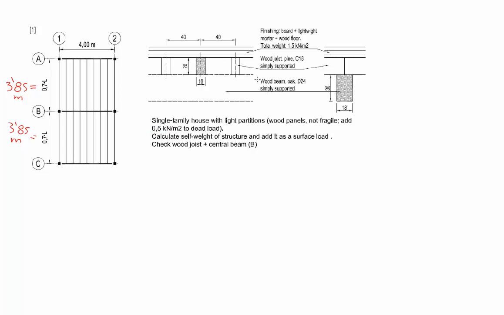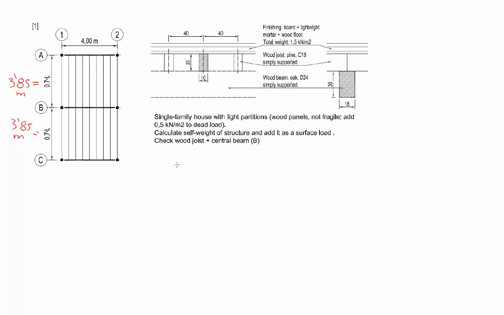What we need to know, except for the numbers, is the weight or density of the D24 and C18. For C18, it is equal to 4 kilonewtons per cubic meter, and the D24 is equal to 6 kilonewtons per cubic meter.